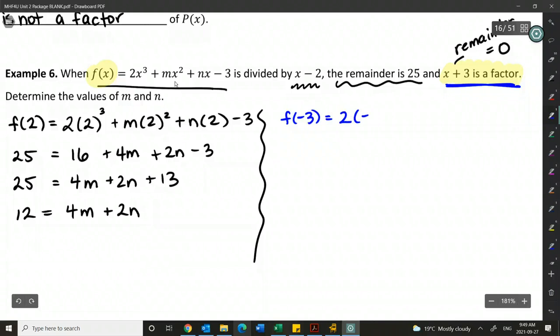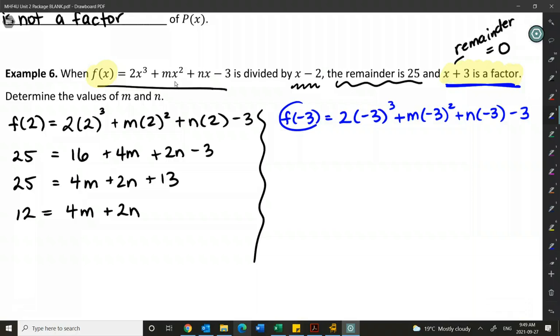Okay, so same thing that we did before. And what is f at negative 3 equal to? What did the question tell me about the remainder? 0, so I'm going to replace that with 0. And let's just, again, clean this up a little bit. So negative 3 cubed, that's going to give me negative 27 times 2, so negative 54.